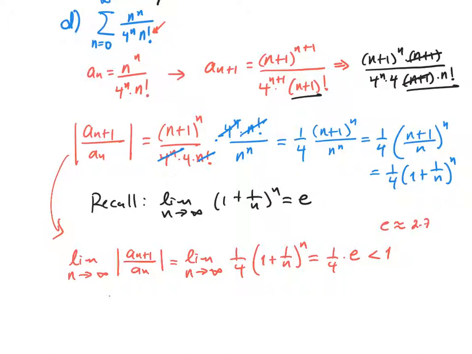Since the limit is less than 1, that implies that the series is convergent by the ratio test.